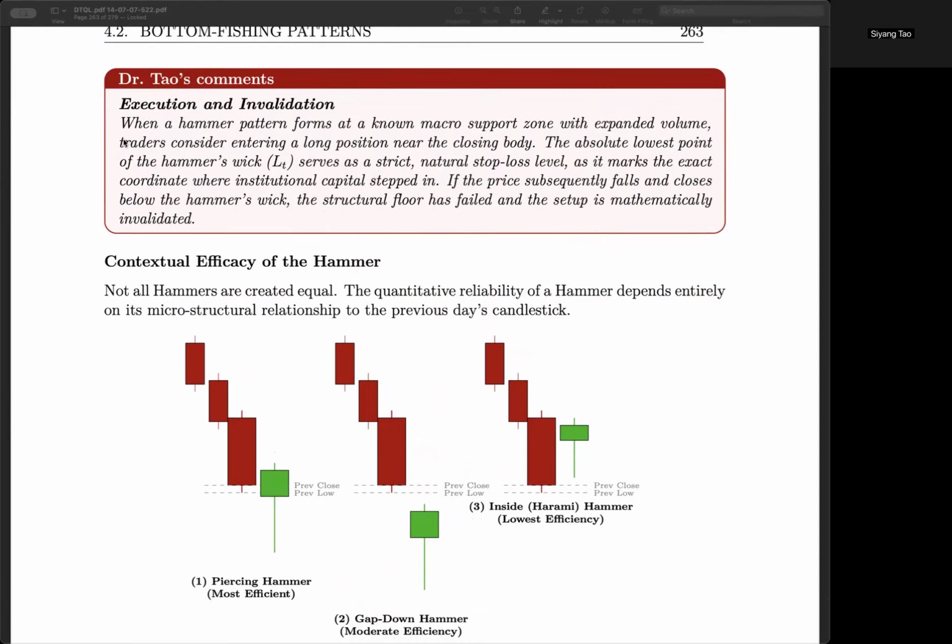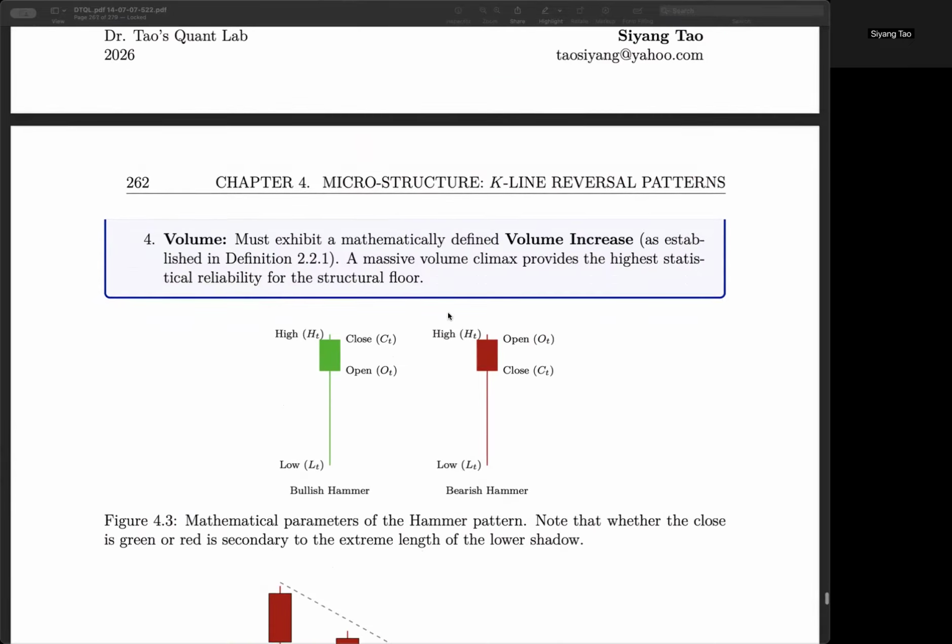The absolute lowest point of the hammer's wick serves as our natural stop loss. That exact penny is where institutional capital stepped in. In other words, we buy near here or here, close to the closing price.